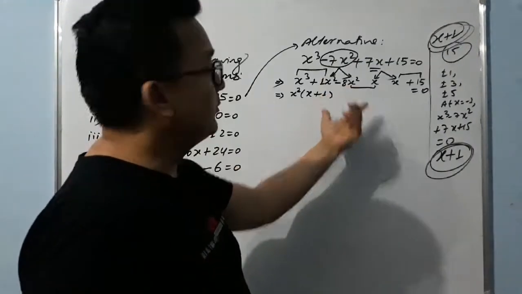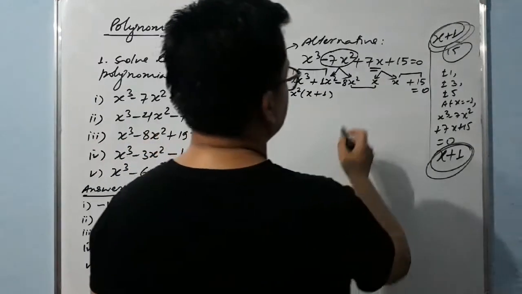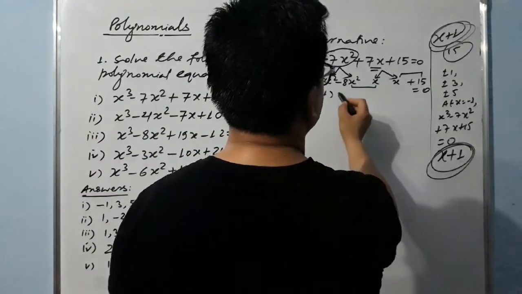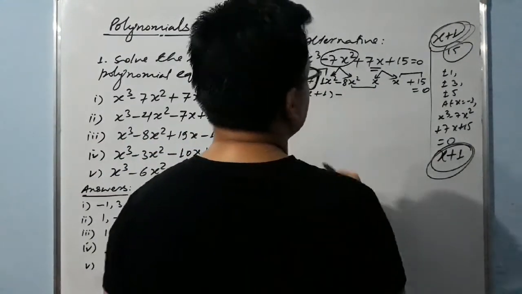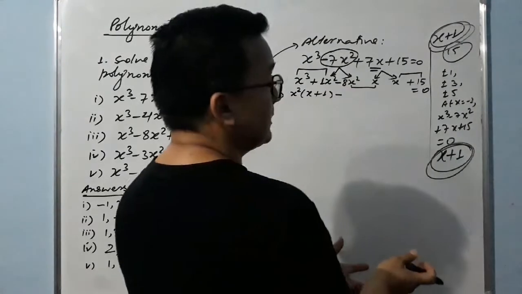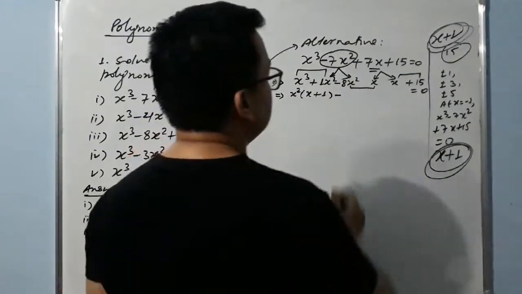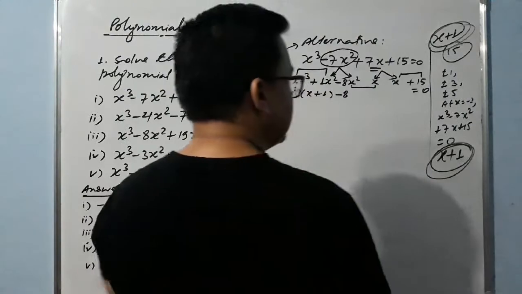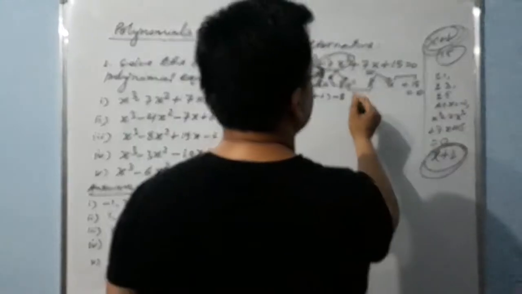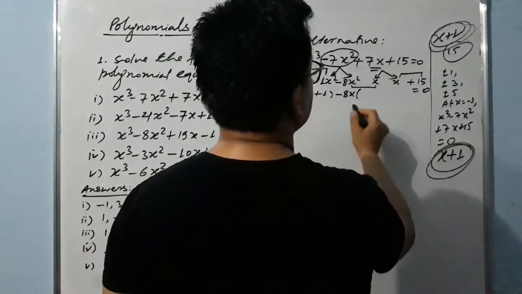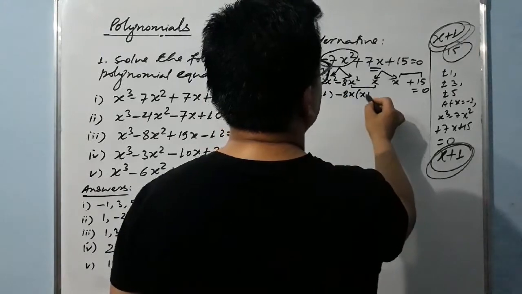Plus 1 minus 8 is minus 7. All right, no problem. Now x common, and definitely if minus is here, minus will come. We need to take minus common, and 8 also we need to take common, and x also, and inside we need x plus 1.